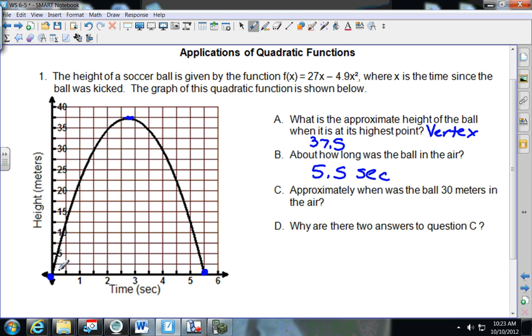Well, if we go up here and look, up at 30 meters, because that's on the y-axis, it goes up, and then it comes back down, and it's back at 30 meters again. So it is 1.5, and you follow this down, and it's at 4. So 1.5 and 4. Well, why is there 2 answers? Because the ball goes up and the ball goes down.